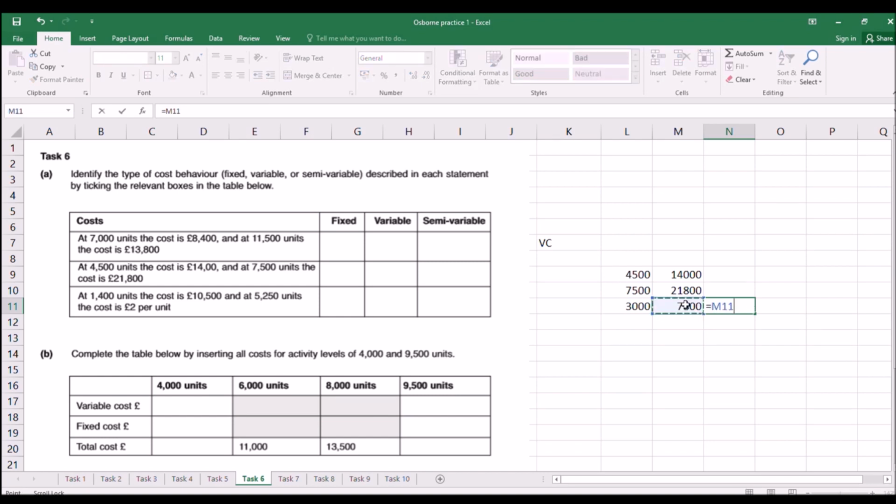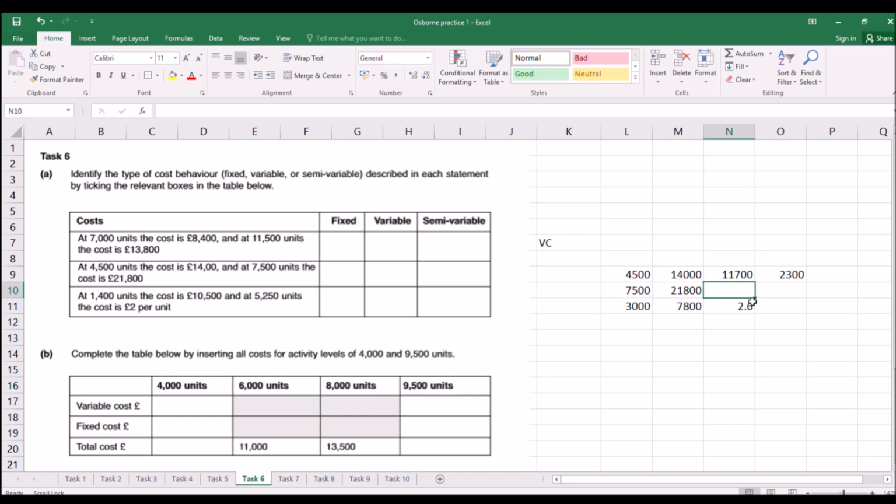Okay, so the variable cost per unit is 2.6. We multiply the 2.6 times by the 4,500. Let's do that, multiply, not plus. Okay, so the fixed cost is 2,300. 2,300 plus 4,500 times by 2.6 is equal to 14,000.